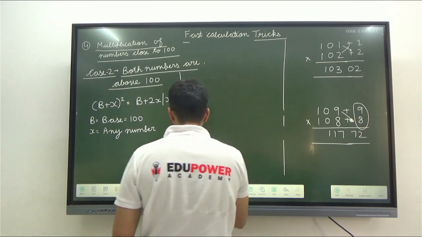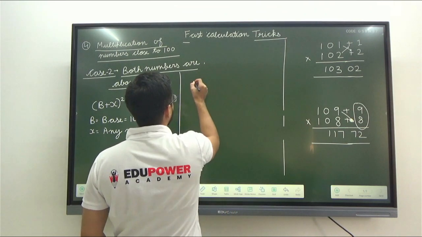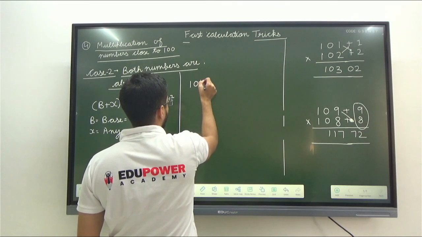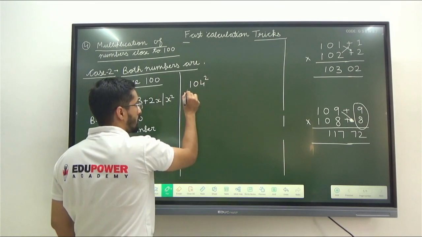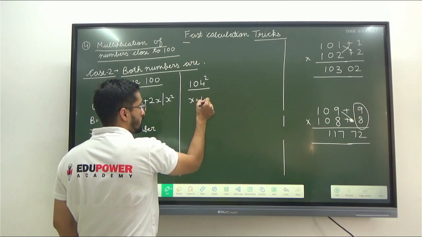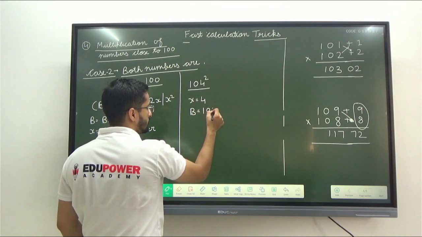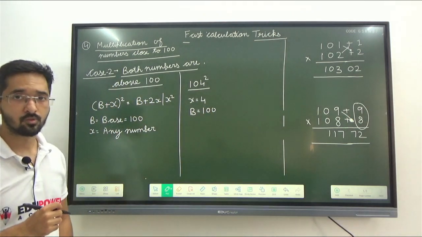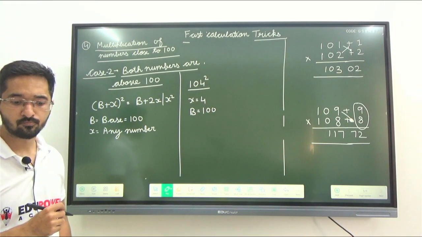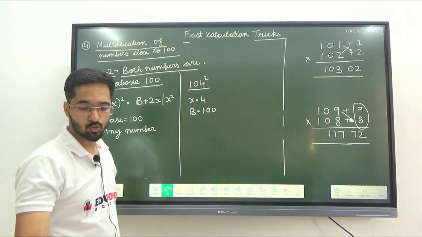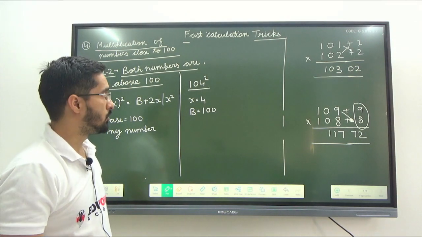Suppose I have to find 104 square. Okay. Now here what is my x? X is my 4. What is my b? My b is 100, right. So what do I get?